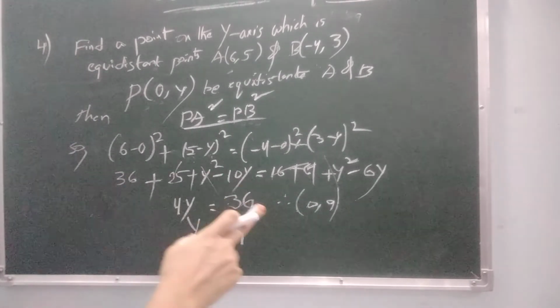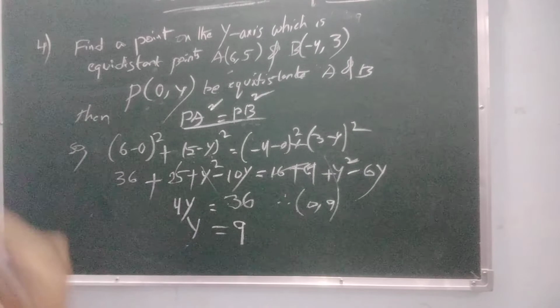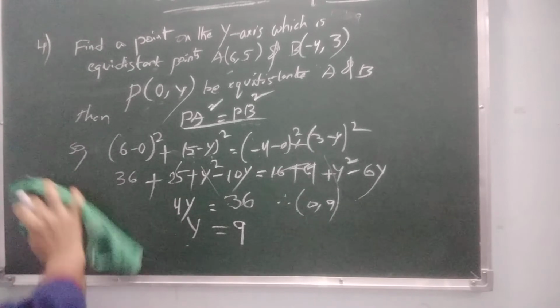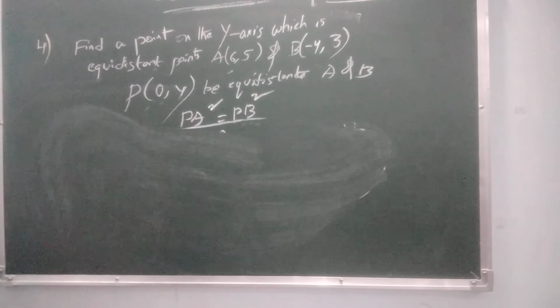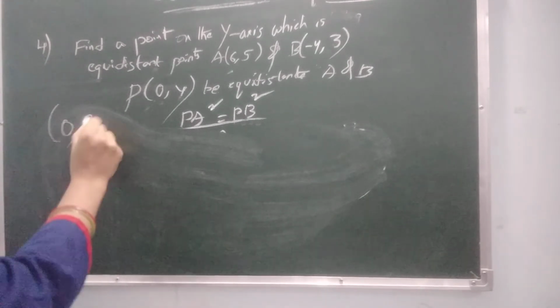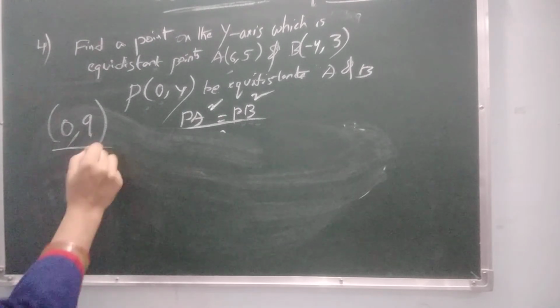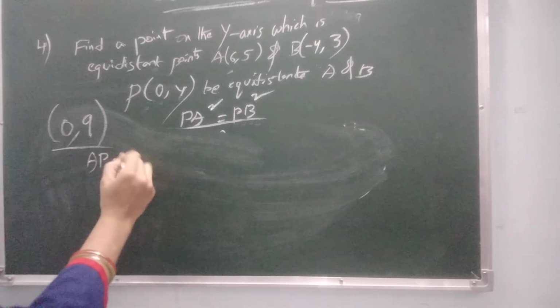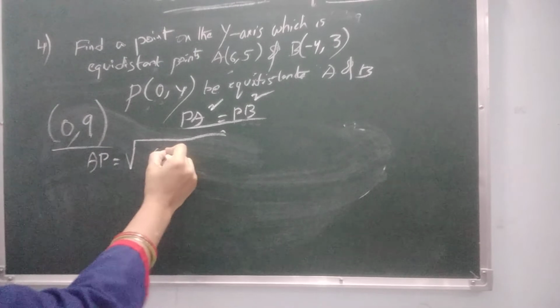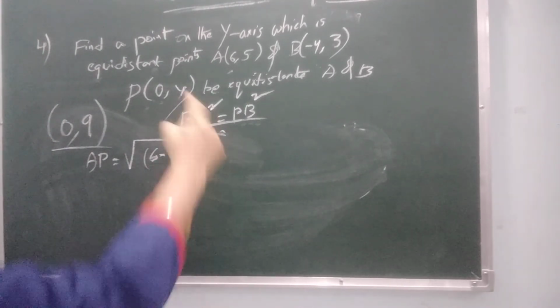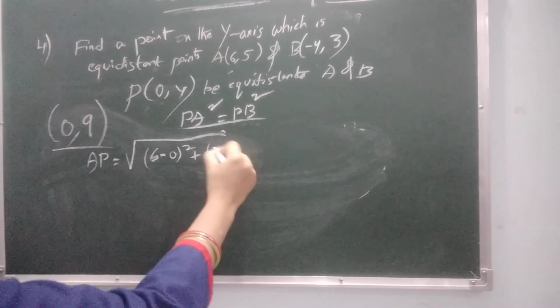Okay, is it a correct solution or not? Let us check our solution. Our point is 0 comma 9. Next check like this, AP, that means 6 minus 0 whole square plus 5 minus 9 whole square.